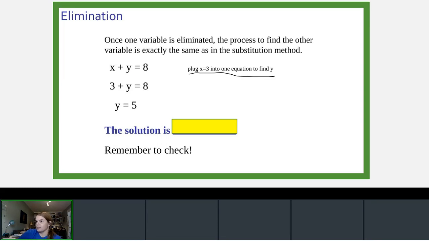Instead of x plus y equals 8, we have 3 plus y equals 8. We solve for y by subtracting 3 from both sides. y is 5. So the solution, remember, an ordered pair, is 3, 5. And always remember, you can check your answers by plugging into your original equations.